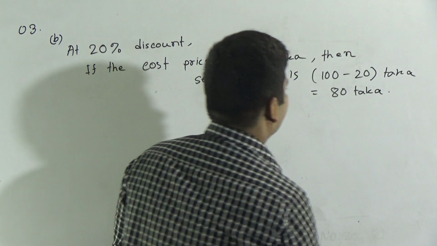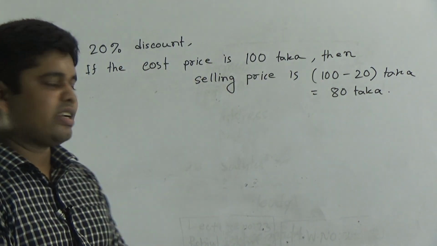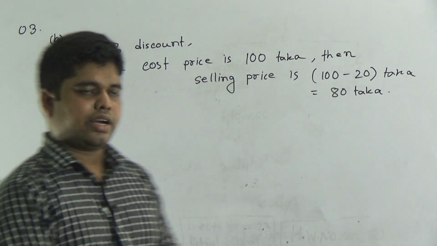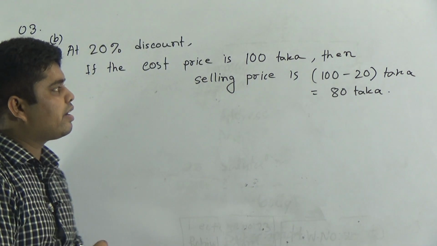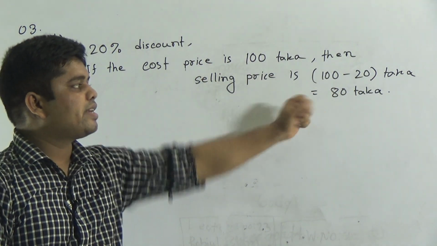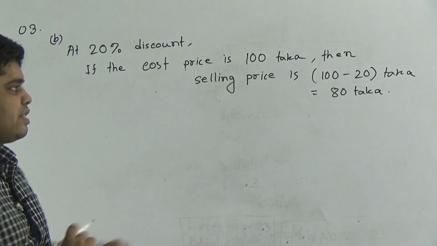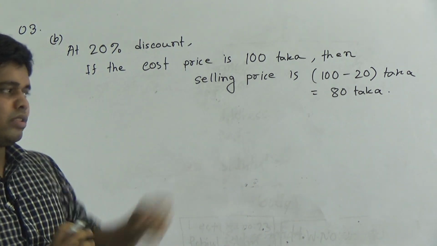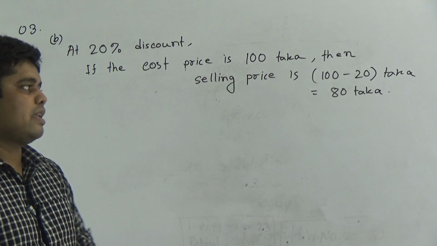My dear students, we need to find out the selling price of that item, and that item's cost price is 1800 taka. So by this information we can write, if the cost price is 100 taka, then selling price is 80 taka. If the cost price is 1 taka, then selling price is what? If the cost price is 1800 taka, then the selling price is what?